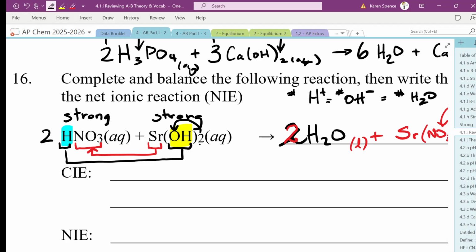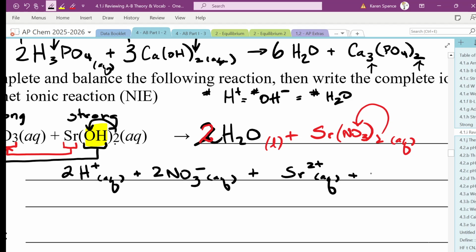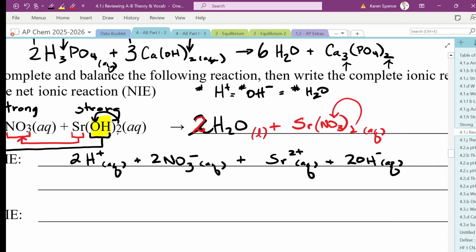We've got 2H plus, 2 NO3 minus, plus Sr2 plus, 2 OH minus goes to, what do we do with water?